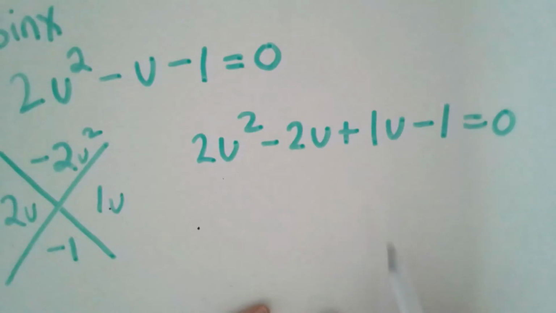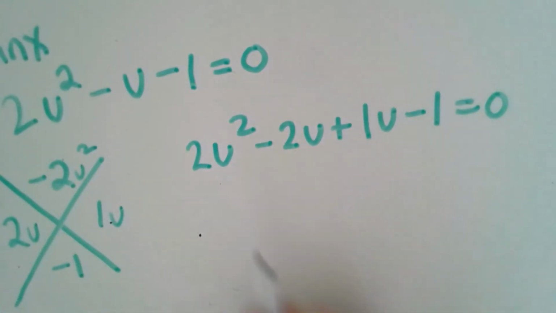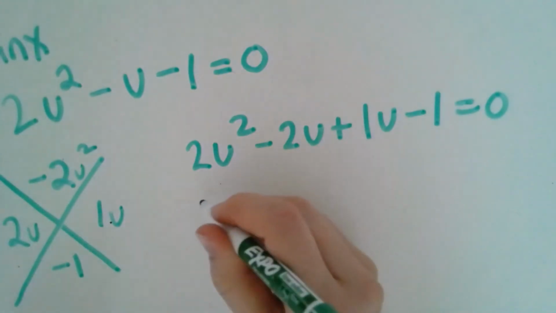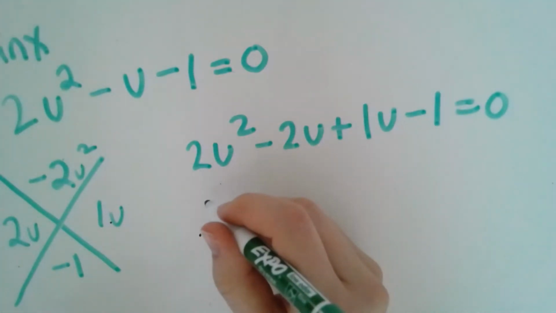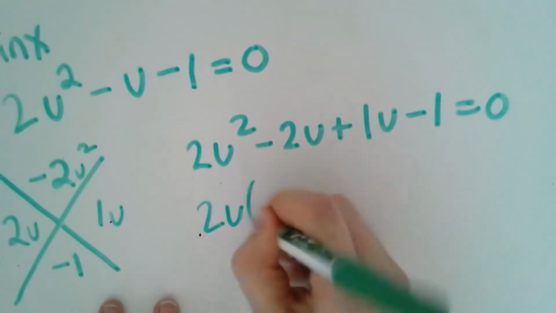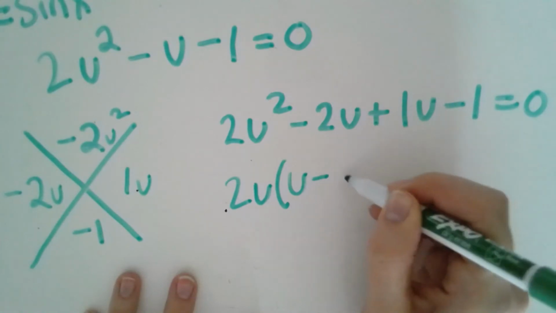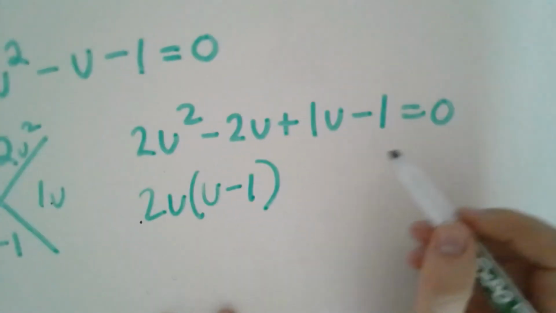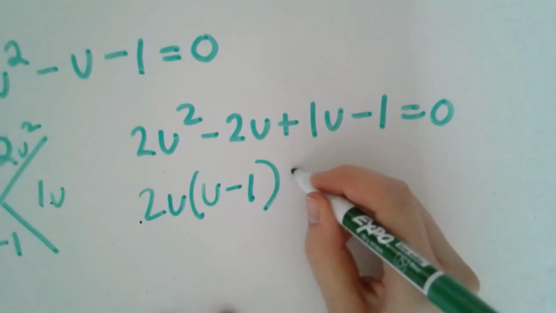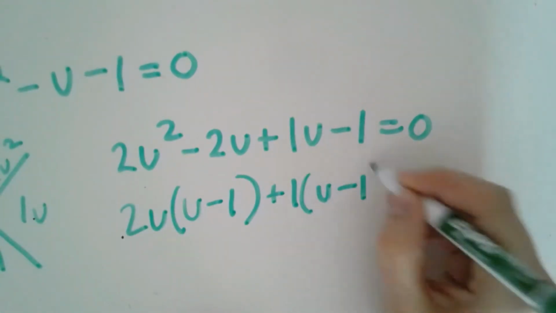Okay, so here we factor by grouping, so let's take out a 2u, so we get u minus 1. Here we can just take out a 1 and we get u minus 1 equals 0.